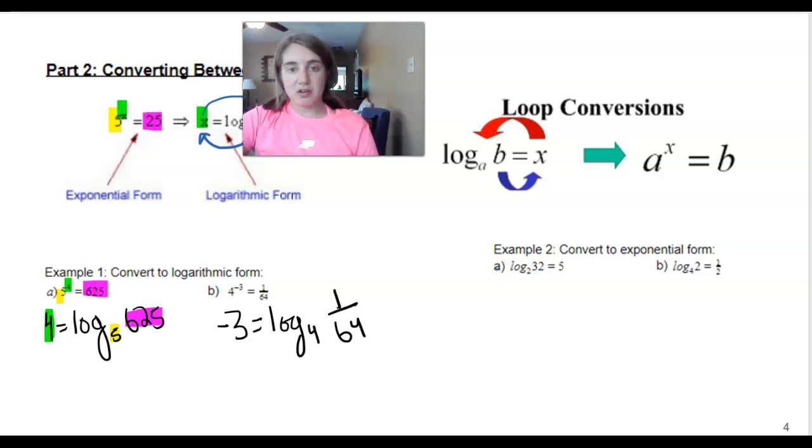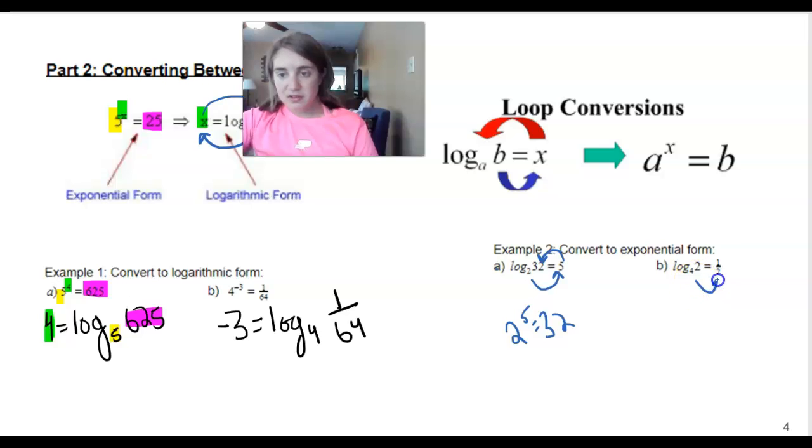To go from log form to exponential form, I think of a loop. 2 to the 5th power equals 32. 4 to the 1/2 equals 2.